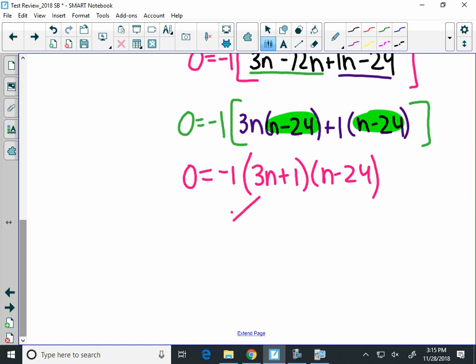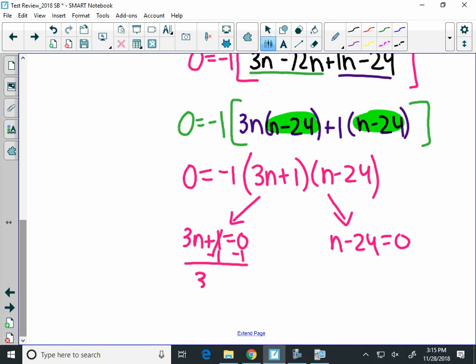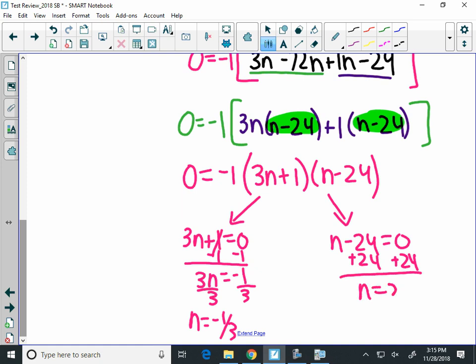So to do that, I take each factor and set it equal to 0. When I solve this one on the left, I get 3n equals negative 1, and n equals negative 1/3. When I solve this guy on the right, I get that n equals 24.